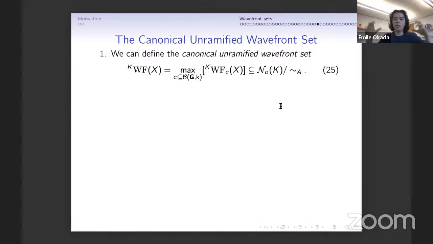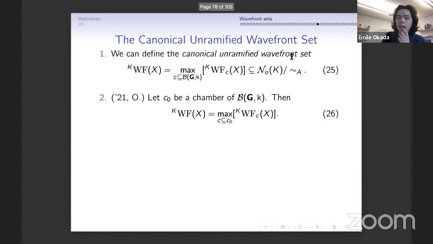But now with these notions, we can finally define what the canonical unramified wavefront set is. It is just the exact same thing as the unramified wavefront set, but where we take equivalence classes instead of just unramified orbits. And the maximum is computed with respect to this Achar partial ordering.